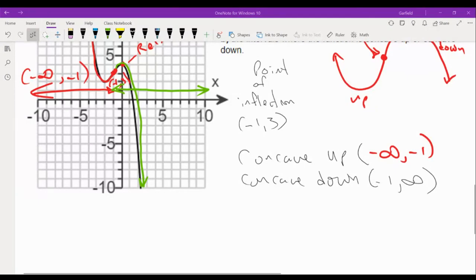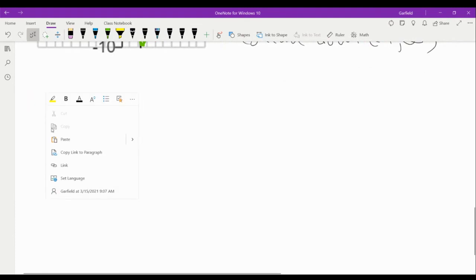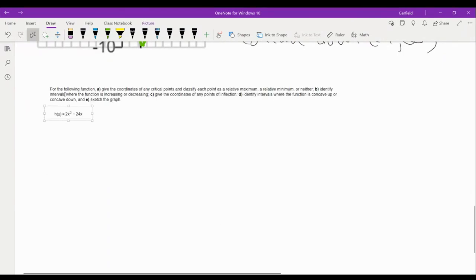Let me copy this problem. All right, so this is problem number 2.